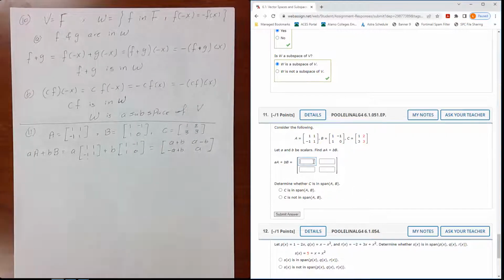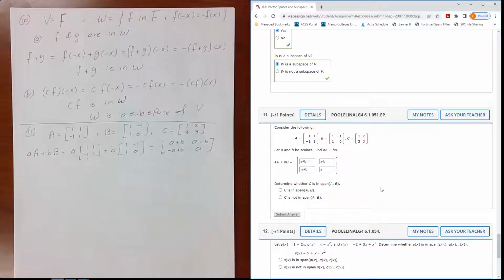So you're going to type here a plus b, here a minus b, and here negative a plus b. You're going to say b minus a, and here just a. Now they ask you, is C in the span of A and B or not?